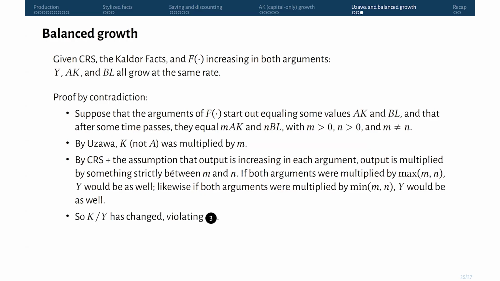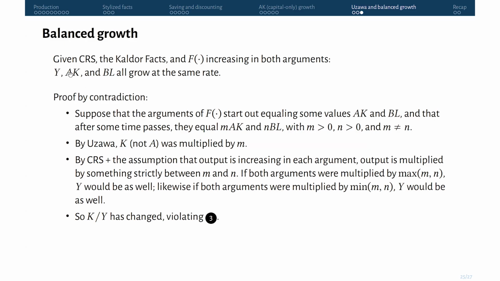So output would have grown by a different amount as capital, right? Whatever's in between M and N, that's different from M. And we know that capital was multiplied by M. This means that the capital to output ratio changed in violation of Kaldor Fact 3.